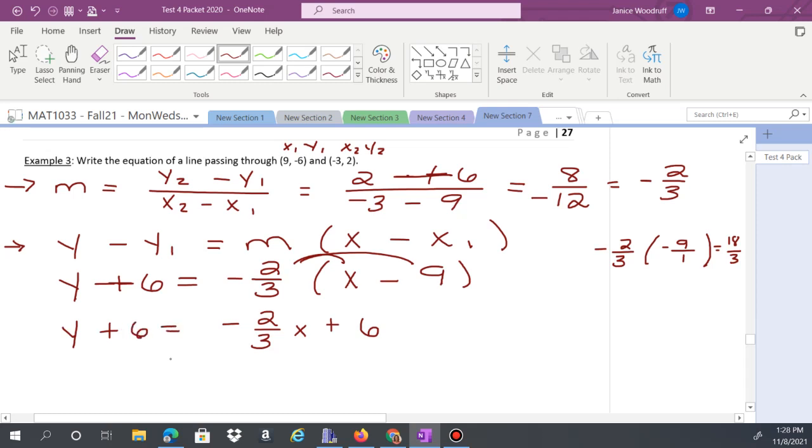Bring down the y plus 6, and then we'll isolate y. We'll subtract 6 from both sides, and it cancels out on both sides here. So this is going to be y equals negative 2/3 x.